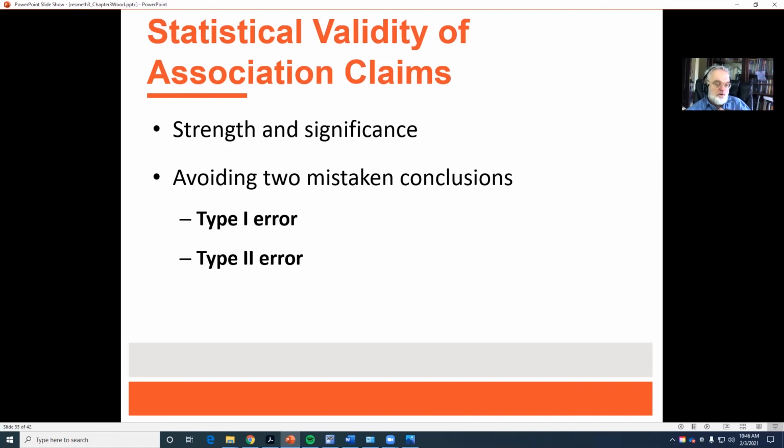And a type 1 error is saying that there is an association, when in fact, in the population, if you went out and observed all the people in your population, there is no association. The p-value, the probability that your data could have occurred underneath the theory of the null hypothesis, is the type 1 error.